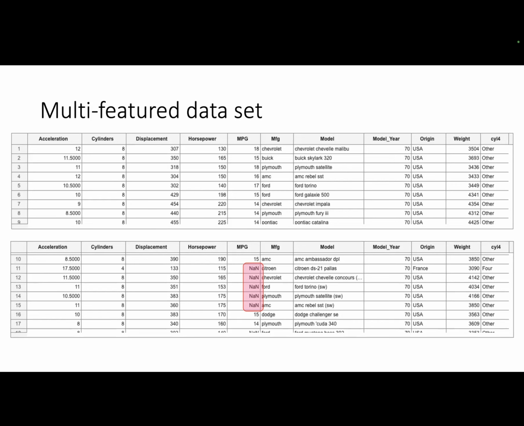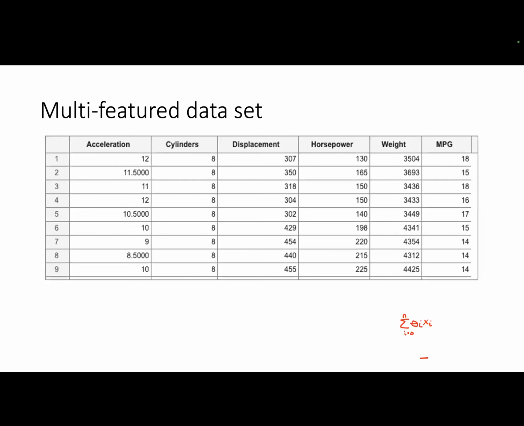Okay, now we can describe a multi-featured dataset in the same way na diniscribe natin yung dataset for linear regression. Okay, so sa linear regression, which is a single featured dataset, sinabi natin, meron tayong hypothesis. Di ba? Ang hypothesis natin is h sub theta of x equals theta naught plus theta 1 x.